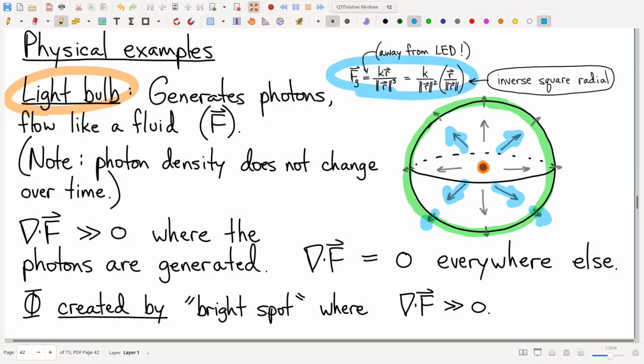Here's the problem when I say that this is the vector field. Couple of questions come to mind. One is, hey, wait a minute. Light bulbs emit photons. Don't all photons go at the same speed? Why does this vector field not have constant magnitude? And the reason is because this is not representing velocity. This is representing velocity times density.